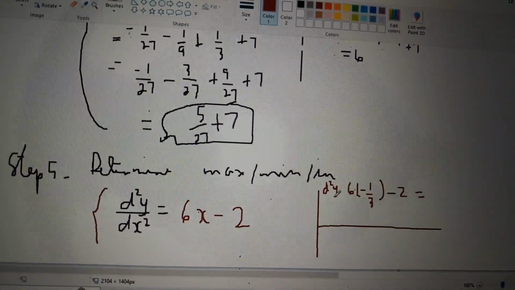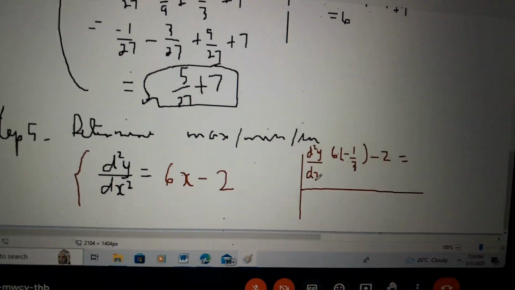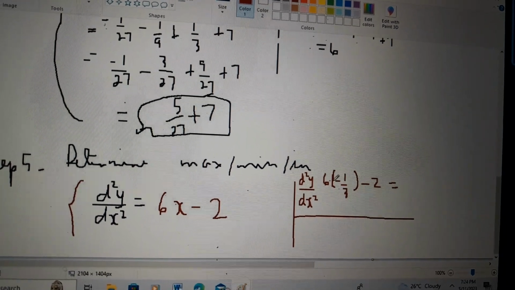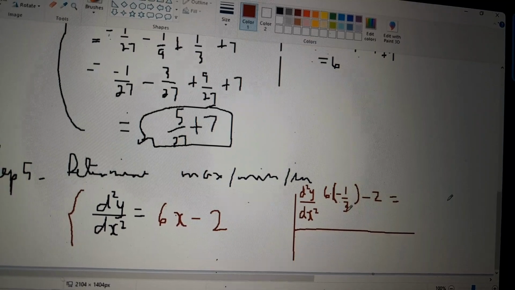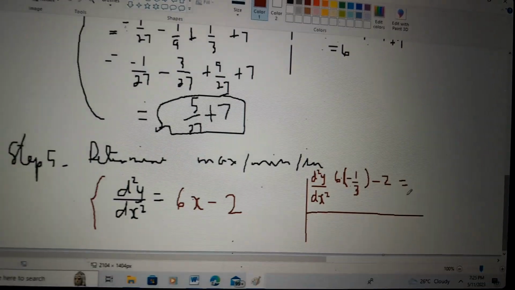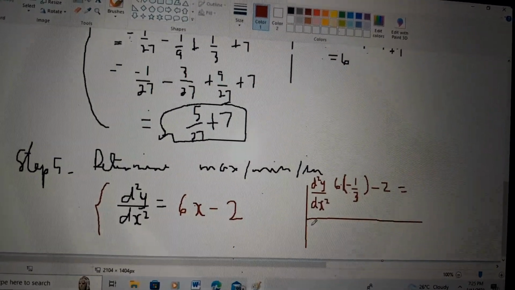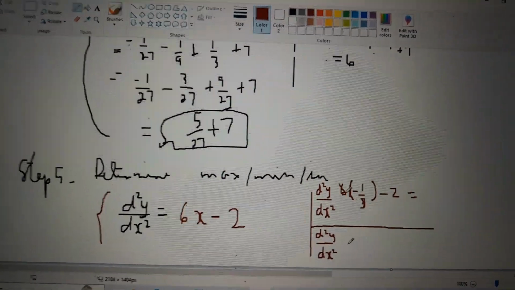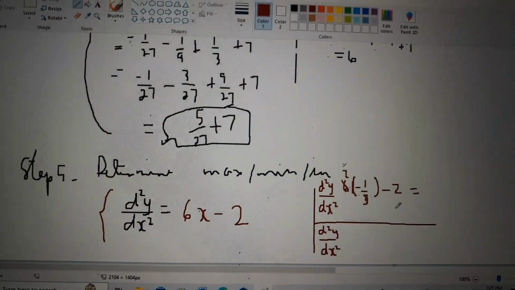So we substitute that x value in the second derivative. What do you get? Negative 4. 6 times negative 1/3 minus 2 would be negative 2 minus 2, so you have negative 4. Wonderful.